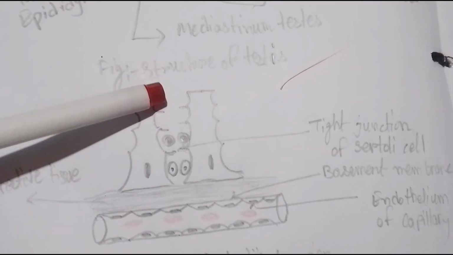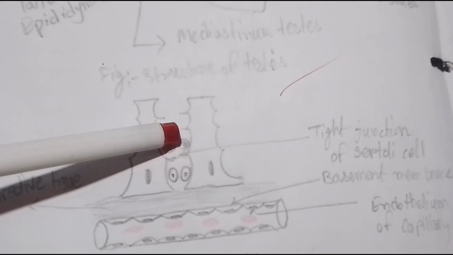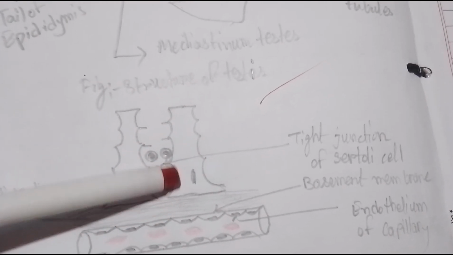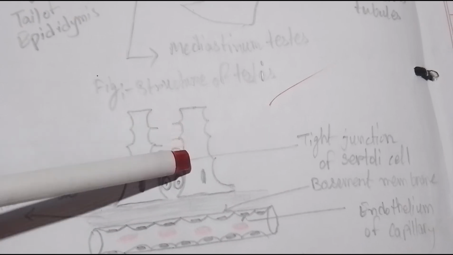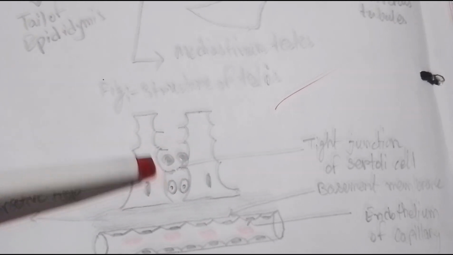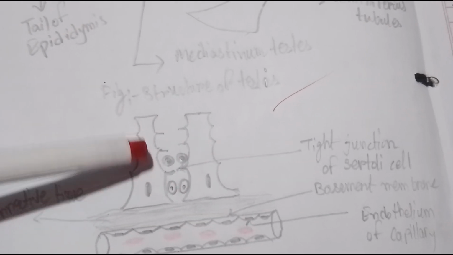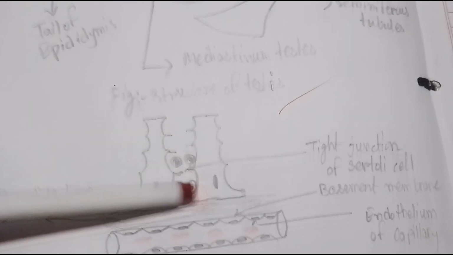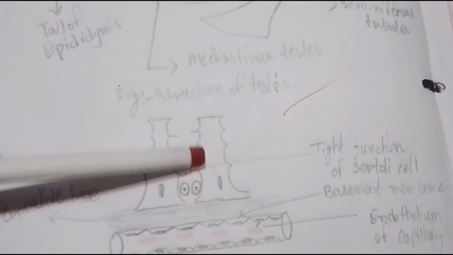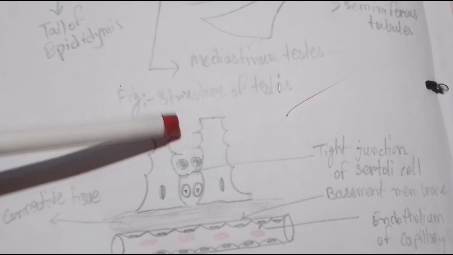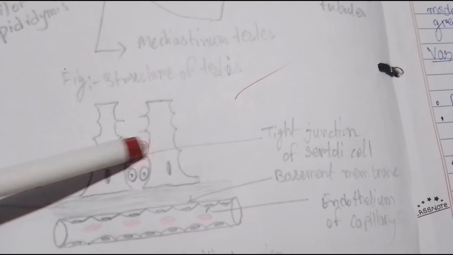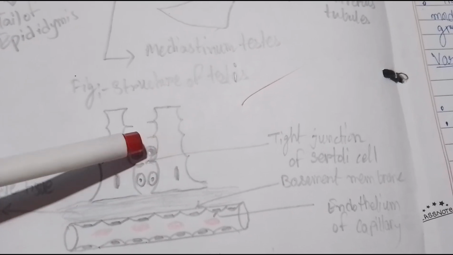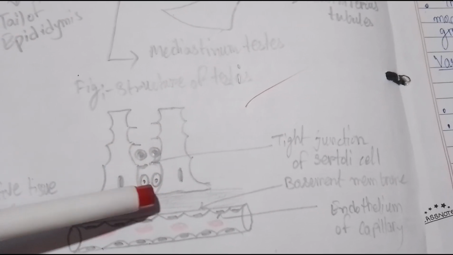This is the Sertoli cell, where this is the primary spermatozoas, where the development of the sperms takes place. Spermatocytes, these are forming into the sperm. This is the tight junction between two Sertoli cells, and this is the basement membrane.